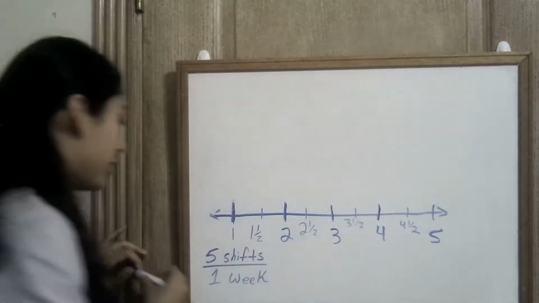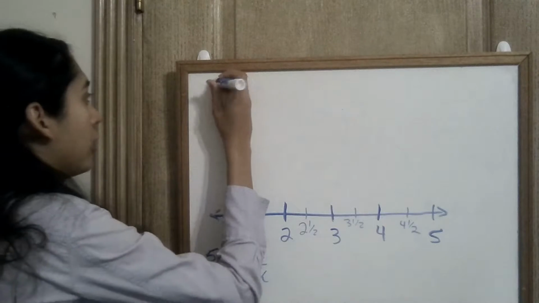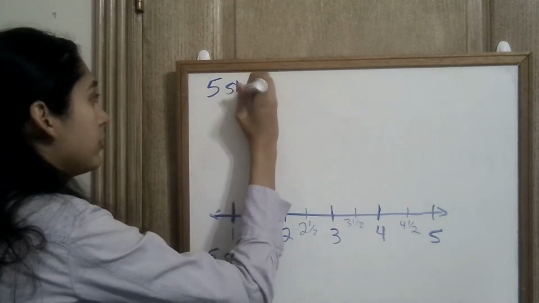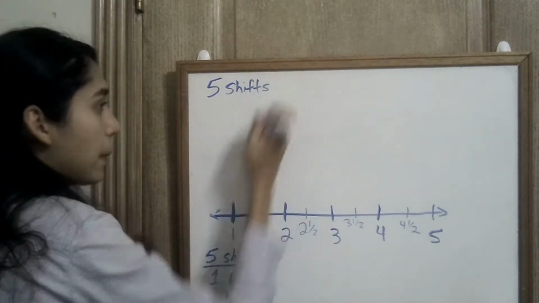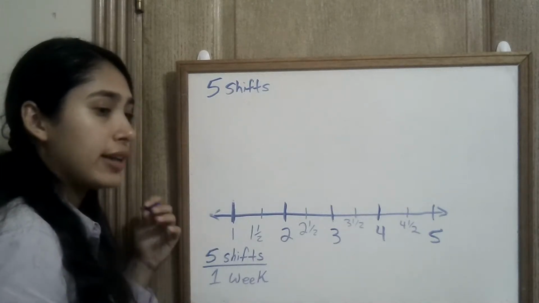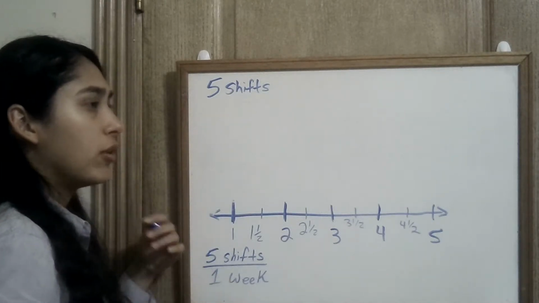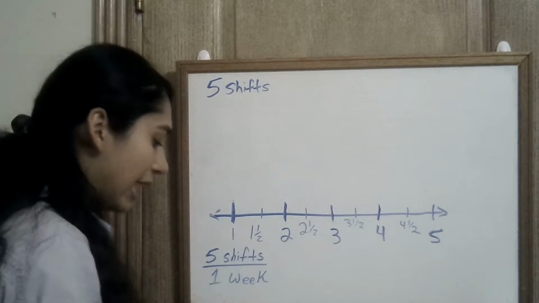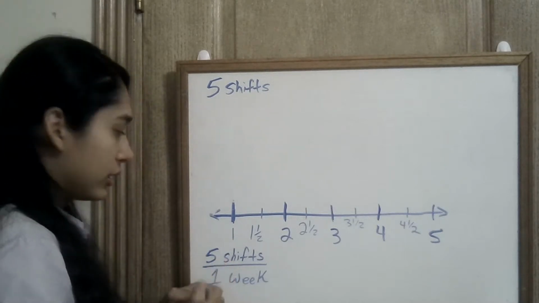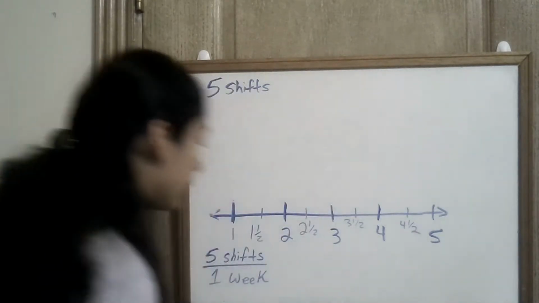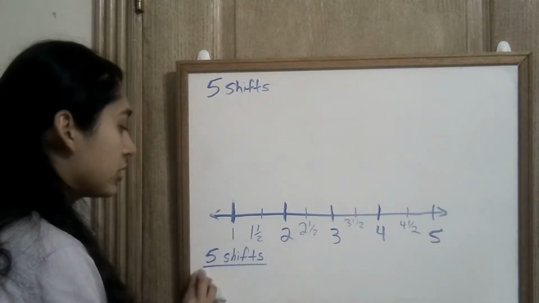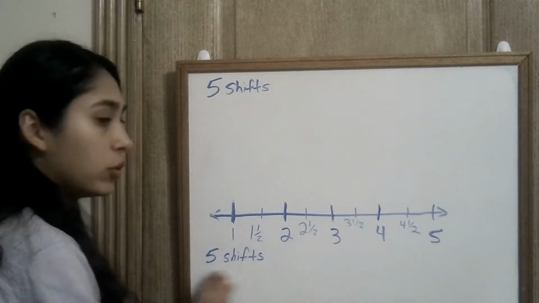So let's say I go like this. I got 5 shifts. And since the question asks how much time I would devote for this week, I technically can ignore this because we're already assuming it's all on 1 week.